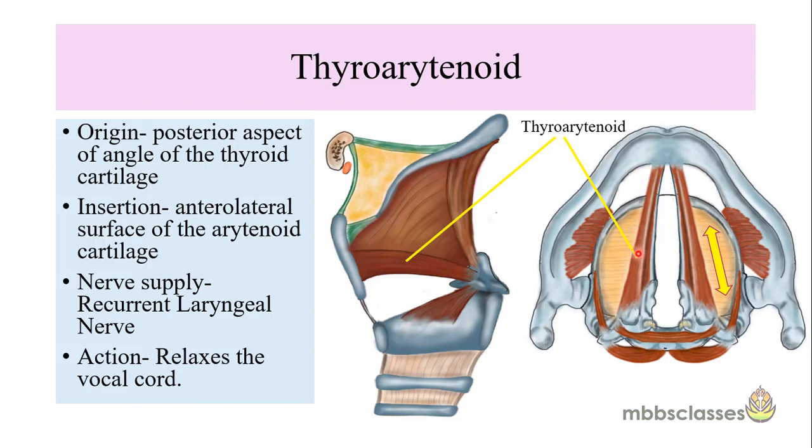When it contracts, it relaxes the vocal ligament. So we can see in this image, this is the thyroarytenoid muscle. When it contracts, it shortens the anteroposterior length of the muscle, and it will bring relaxation in the vocal ligament. So it relaxes the vocal cord. Again, the nerve supply is the recurrent laryngeal nerve.